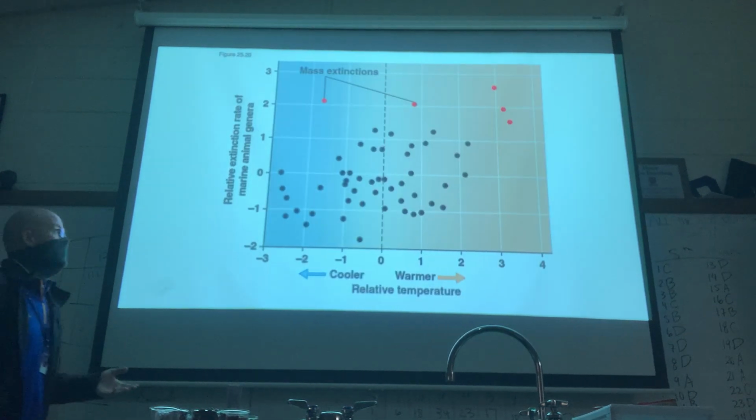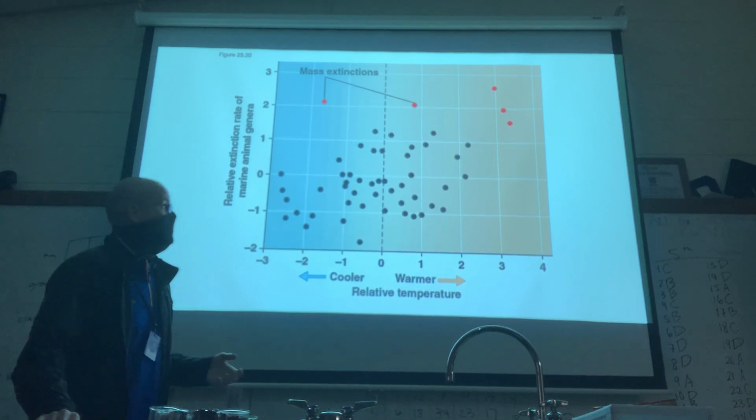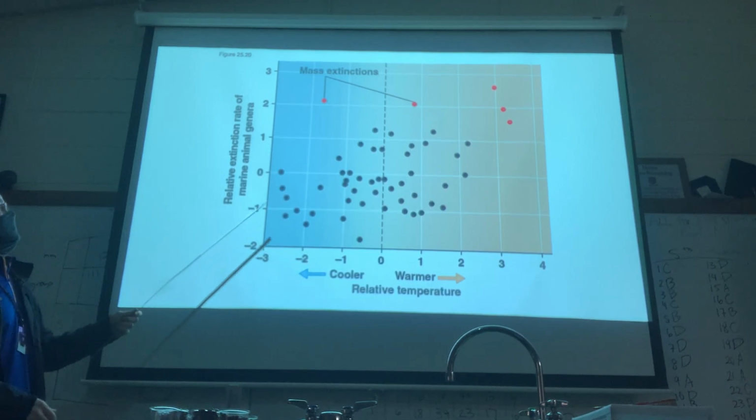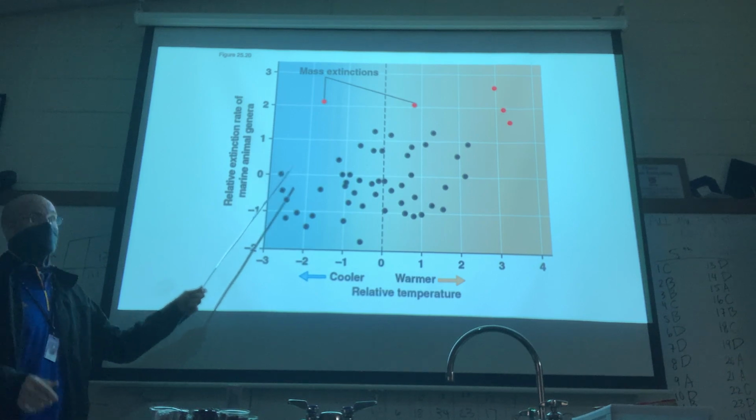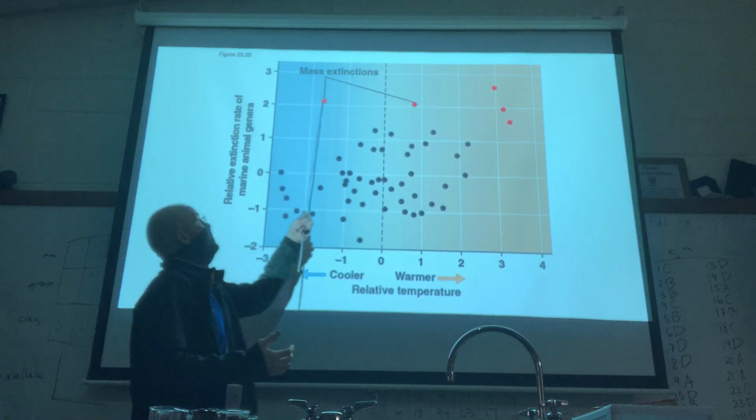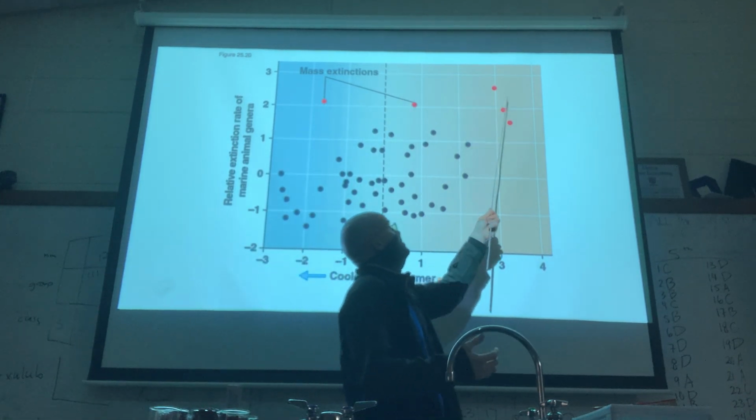This is another diagram from your book that kind of shows higher periods of extinction with the mass extinctions in red dots.